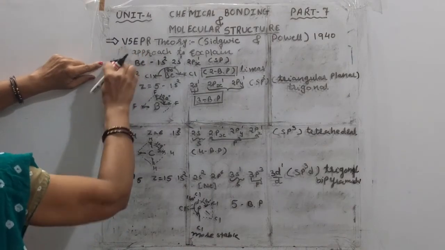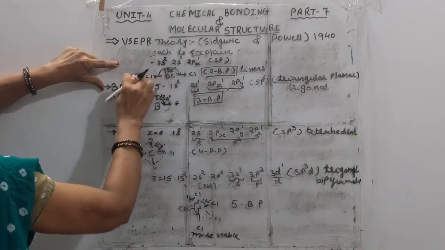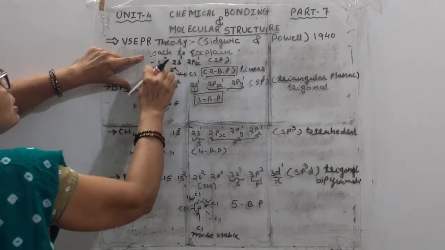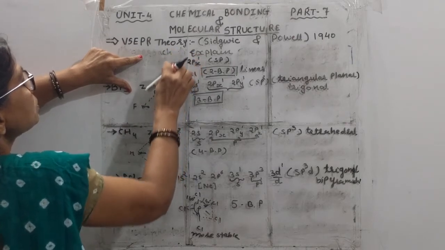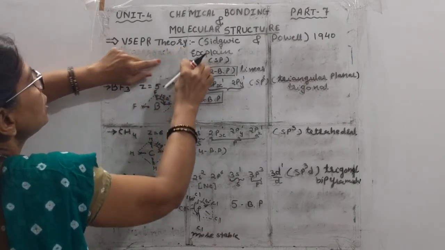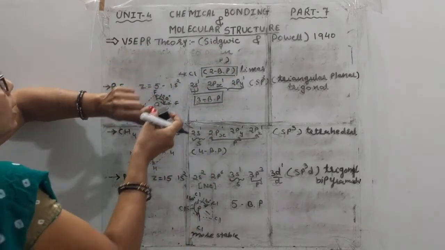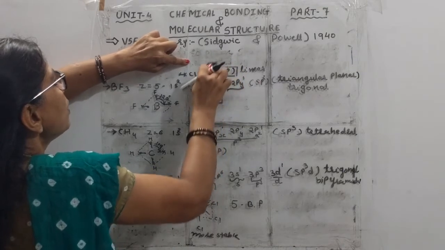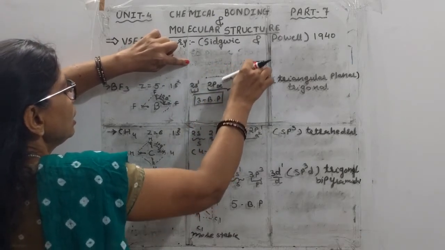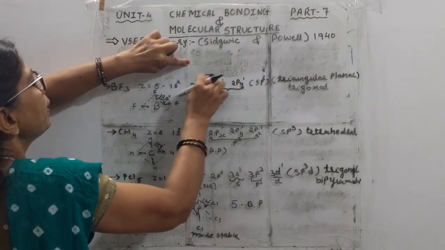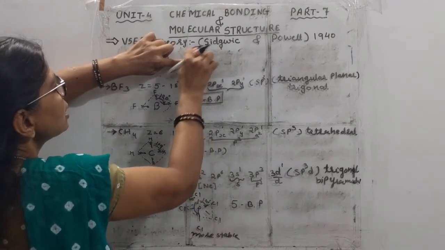Now we'll go with 6 bond pairs of electrons. We started with 2 bond pairs, that is sp hybridization with a linear structure, 180 degrees. 3 bond pairs, that is sp2 hybridization, 120 degree angle with trigonal or triangular planar shape. After that we have 4 bond pairs, that is the CH4 example, with a bond angle of 109 degrees 28 minutes, sp3 hybridization, and the shape is tetrahedral.